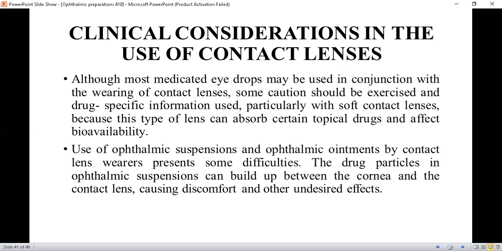Use of ophthalmic suspensions and ophthalmic ointments by contact lens wearers presents some difficulties. The drug particles in the ophthalmic suspension can build up between the cornea and the contact lens, causing discomfort and other undesired effects. So students, with soft contact lenses, care must be exercised while you are going to use any ophthalmic preparations, because they have the ability to absorb the medicines and can create problems in bioavailability.